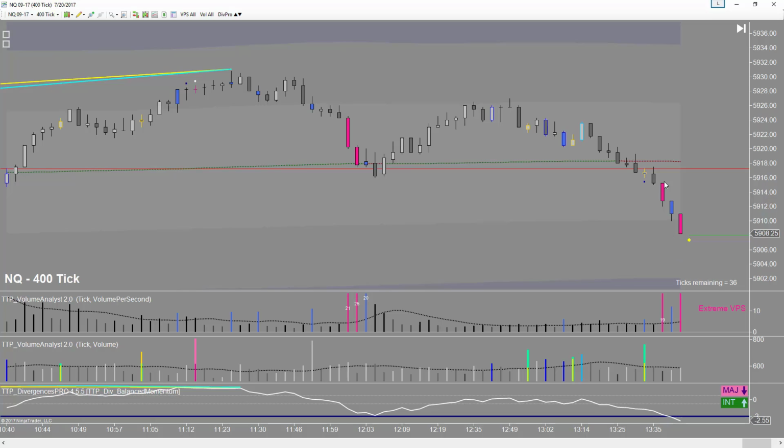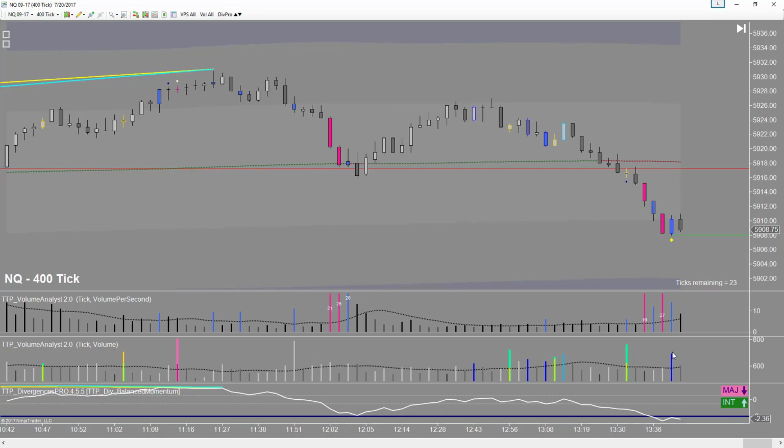So at a lot of the little corrective swing lows that we're looking to trade, we'll see this extremely high volume per second, typically with pretty high volume per tick as well, which will show up as one of these spikes in the volume on the tick charts, or potentially a climax bar like we have here, or one of the churn bars like you see here.